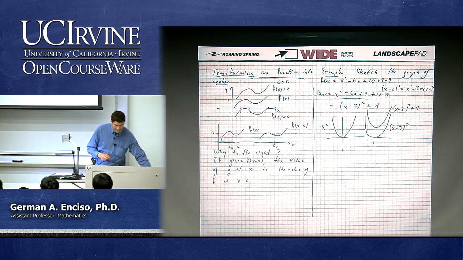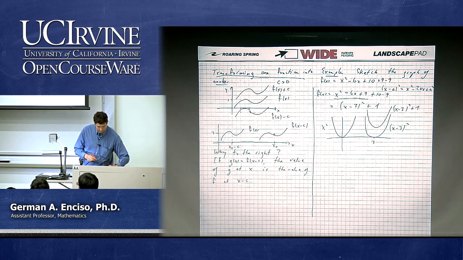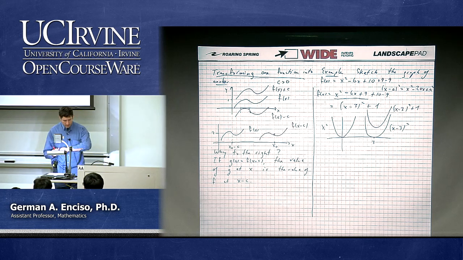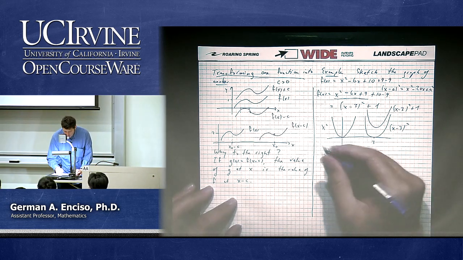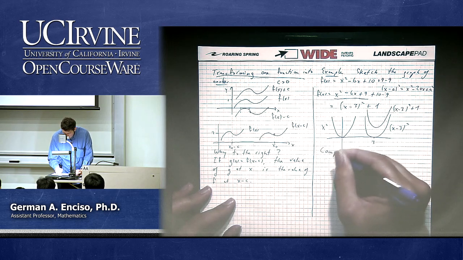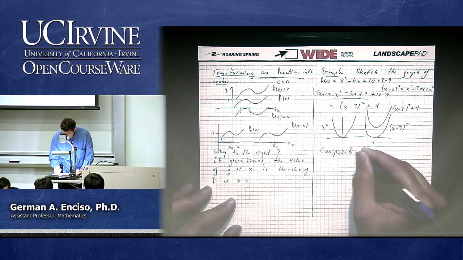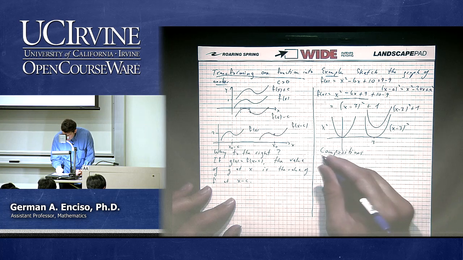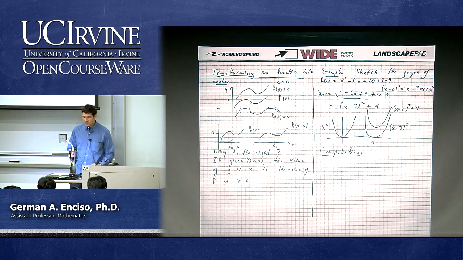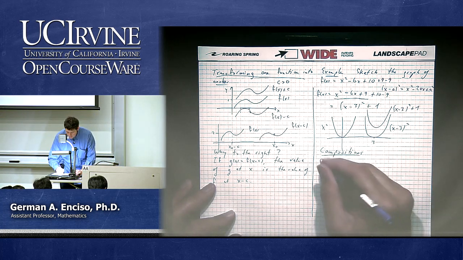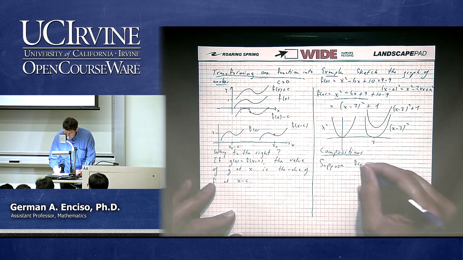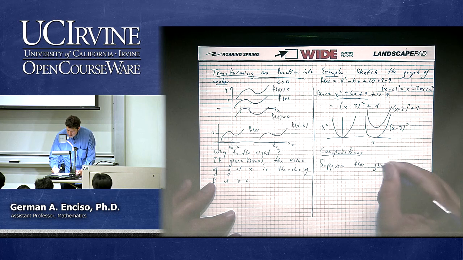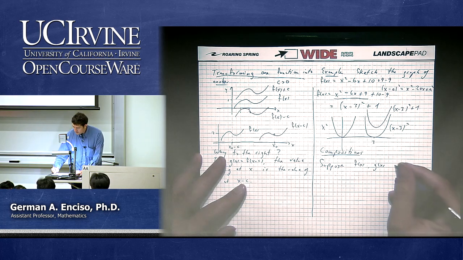Okay, so we still have a few minutes. So we get to talk about compositions. So what is a composition? Suppose f of x and g of x are functions.